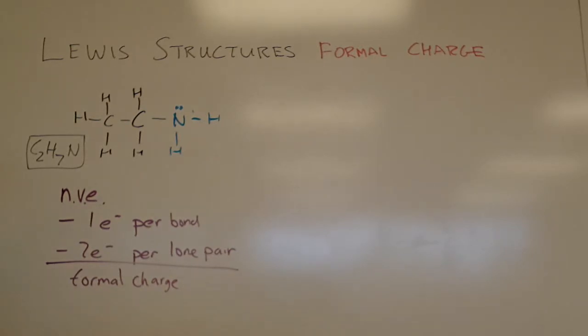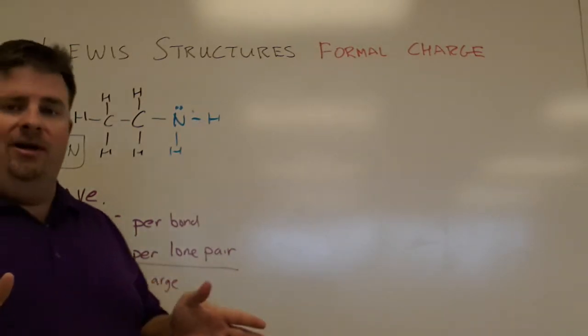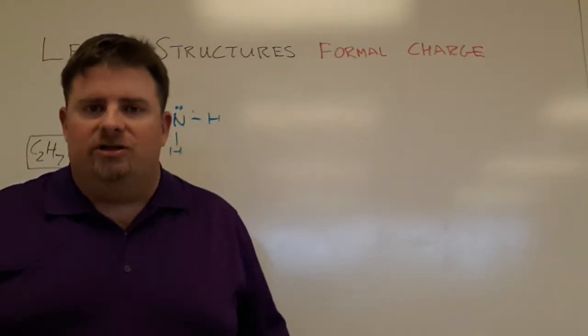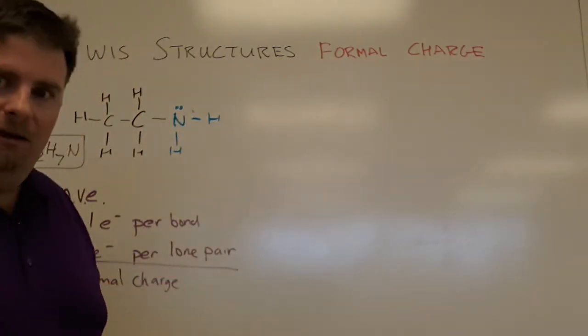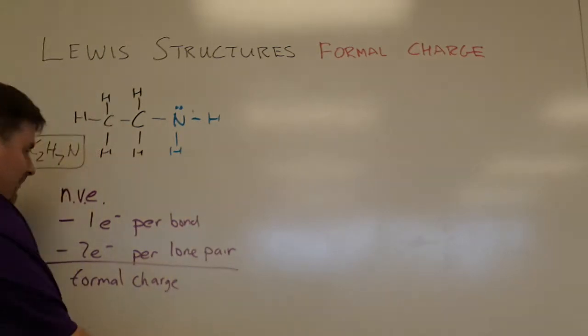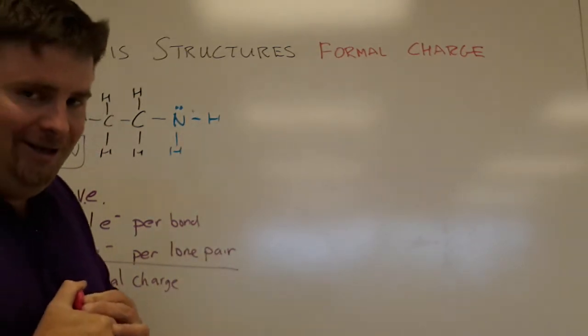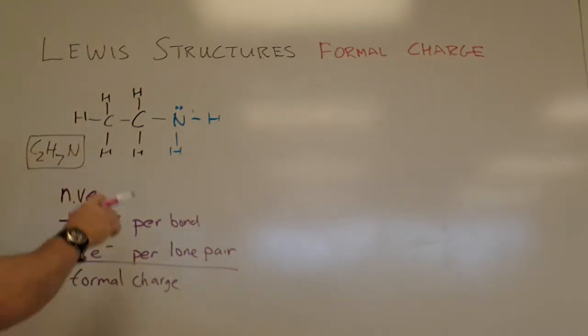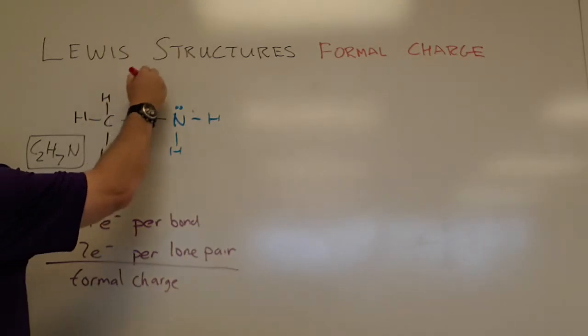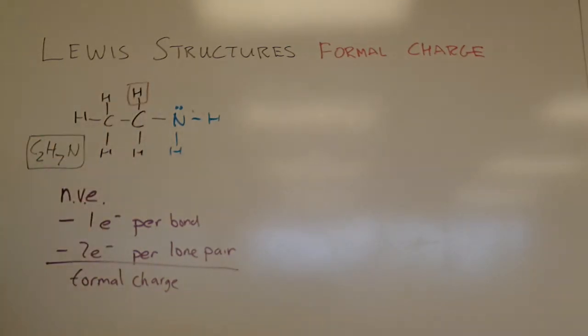Let's start first, and I'm going to prove to you that you don't have to worry about hydrogens as far as charge goes. Let's look at this hydrogen up here. How many normal valence electrons does hydrogen have?